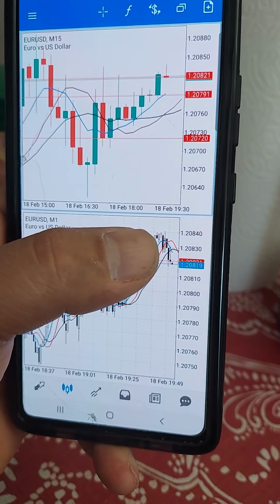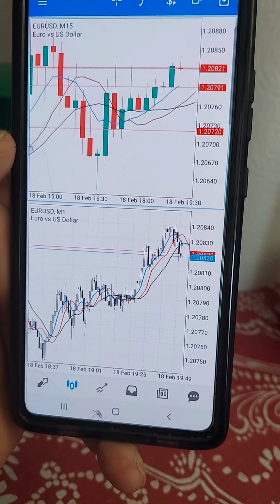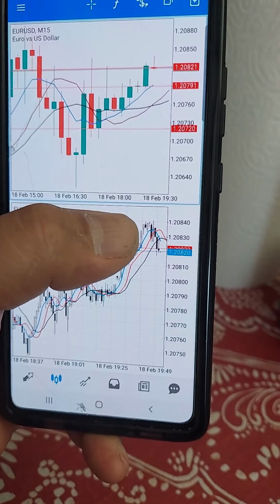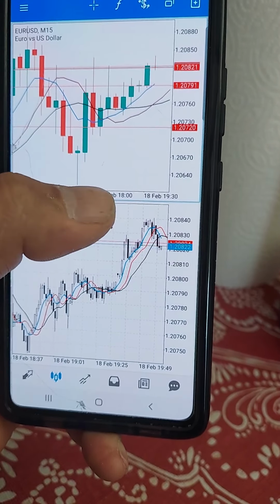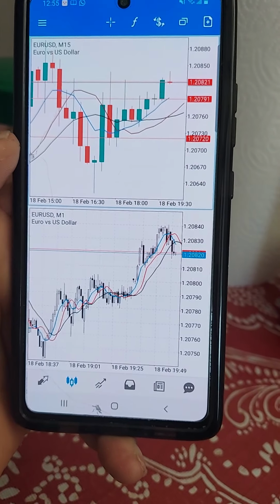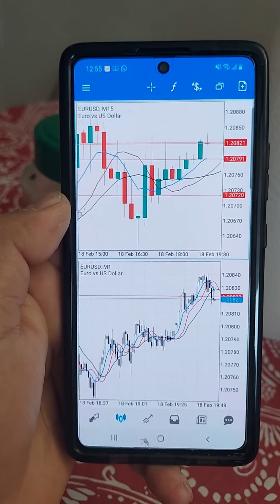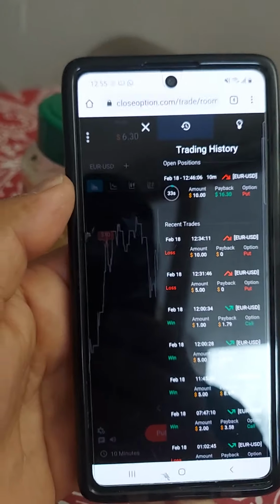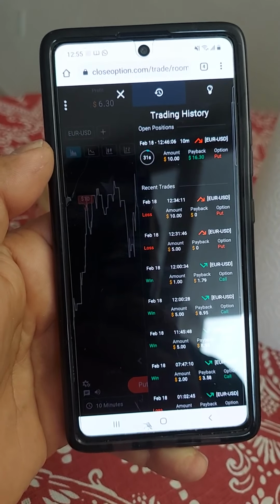Our trade is all the way up in the 1 minute, right before it cracked the 9s and the 20. So I think it's going to be a win. Okay, guys, 35 seconds to go.